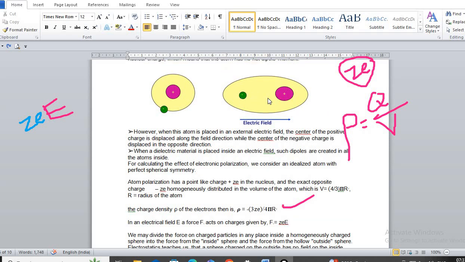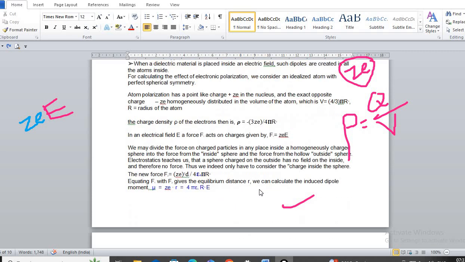The Coulombic force in this direction, and the formation of the dipole gives another force because of the redistribution of charges. Let me calculate the force. The initial force is because of Ze into E, the force which is holding the atom.